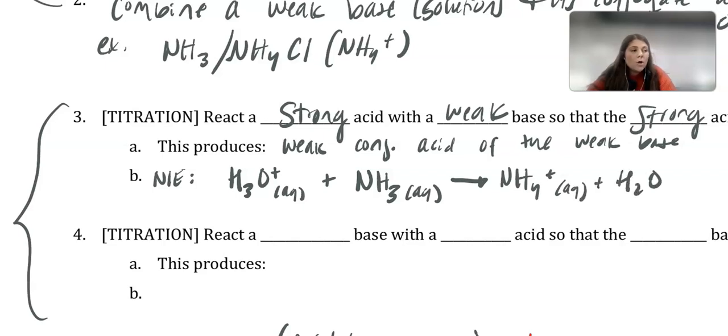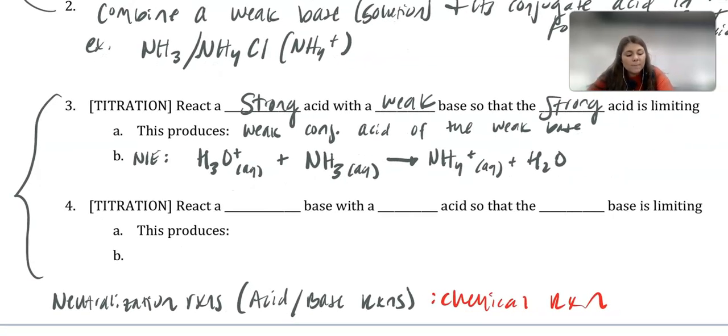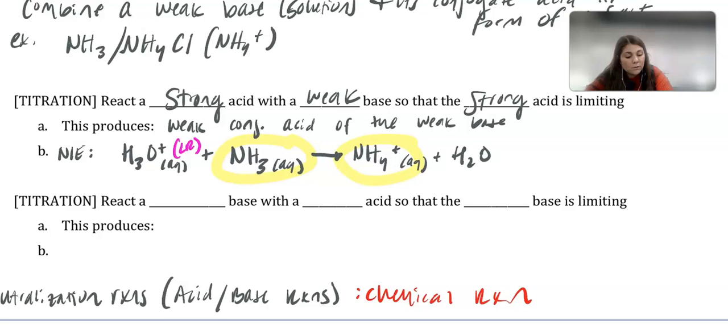So here, knowing what we know about stoichiometry, if this will be my limiting reactant, you're going to have both the ammonia and ammonium present, left over, and remain.